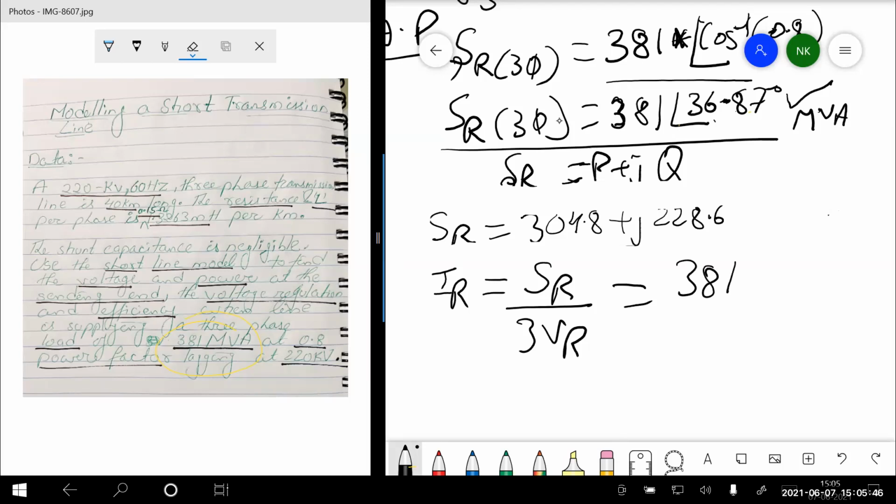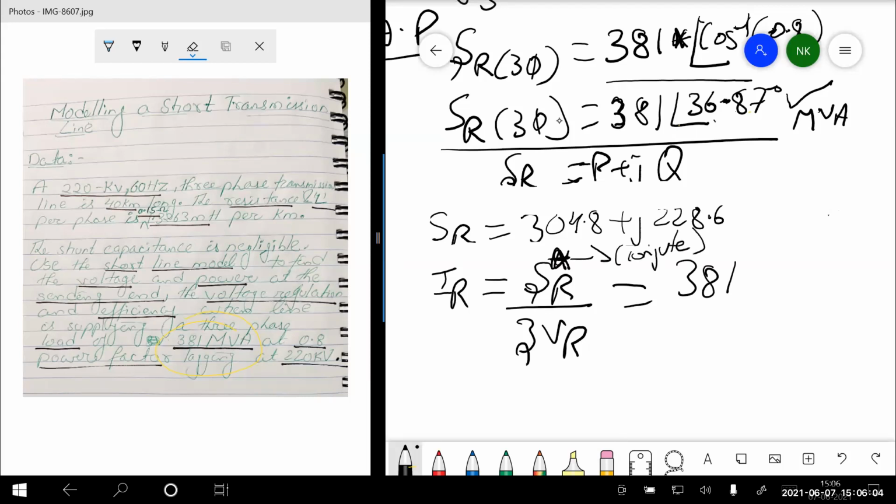It is given as 381. Sorry, this will be a conjugate. So why is this star given in the equation? It resembles the conjugate.